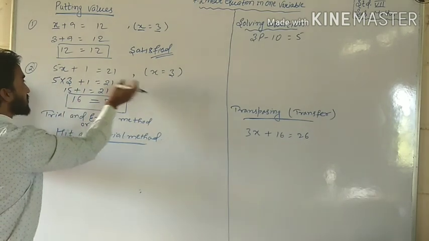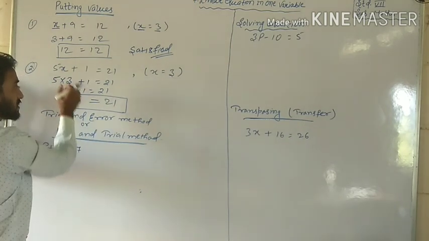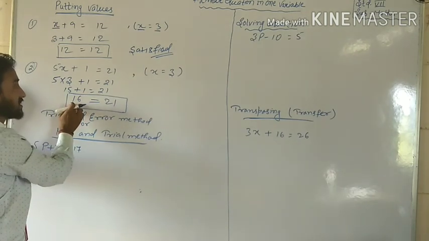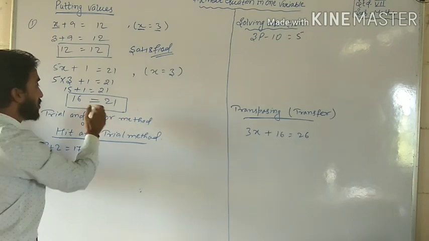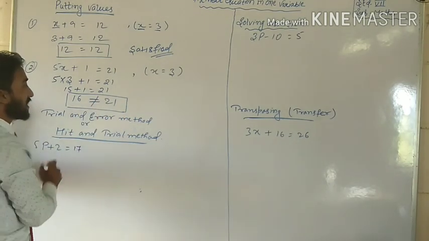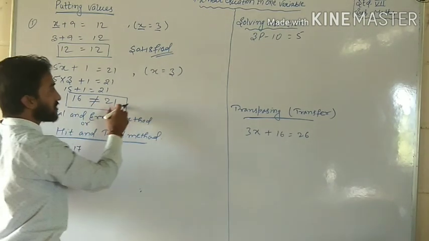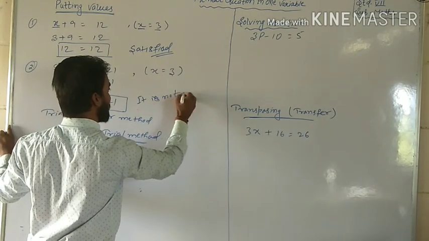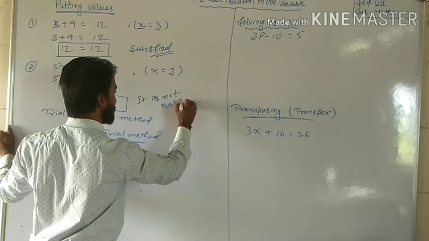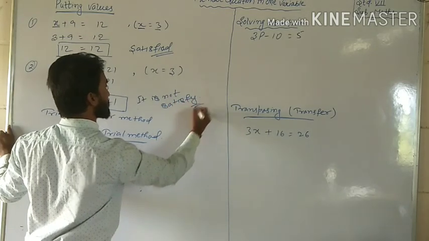After inserting the value of x, 16 or 21, is it equal? Is LHS equal to RHS? No. So we write 16 is not equal to 21. It means this equation is not satisfied.